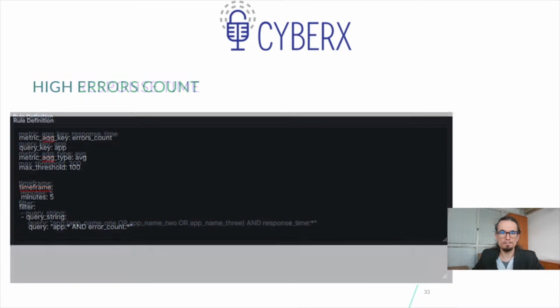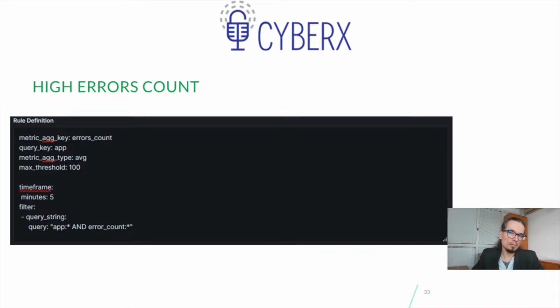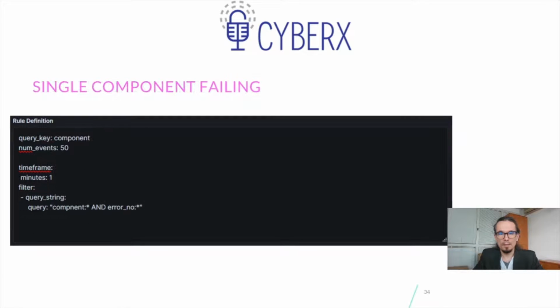And response time. High error count is another approach for this, where we just bring the count of the errors to the average value from a time frame of 5 minutes. If the average value is bigger than the max threshold per application, of course, then we have the alert triggered. We can also monitor single components failing without using the calculation, so we don't have to bring everything to the average.